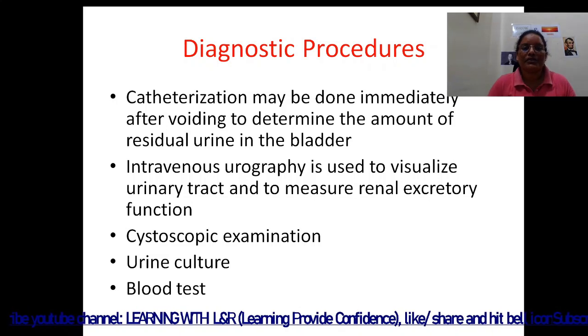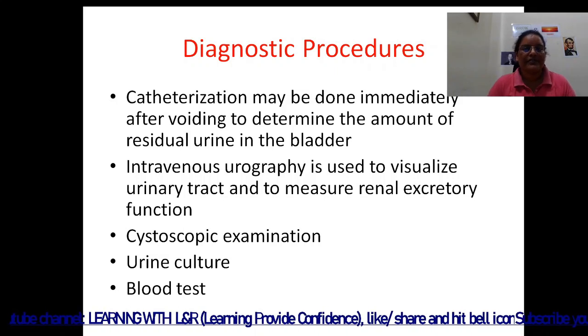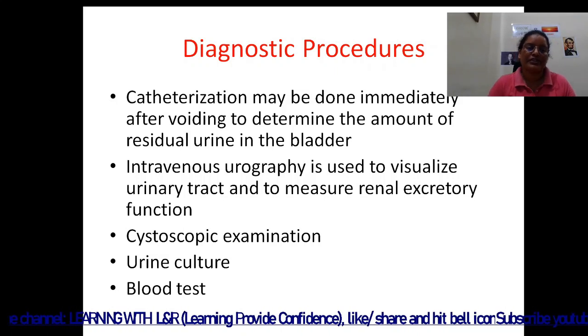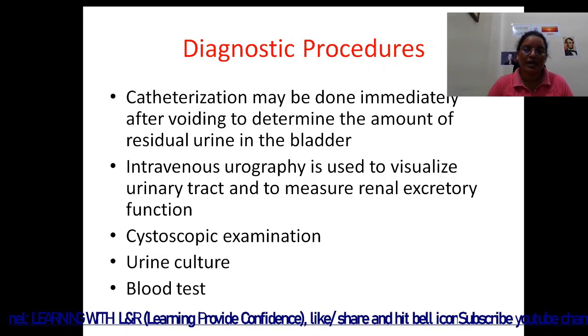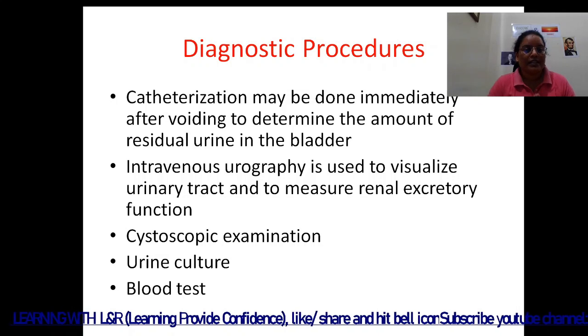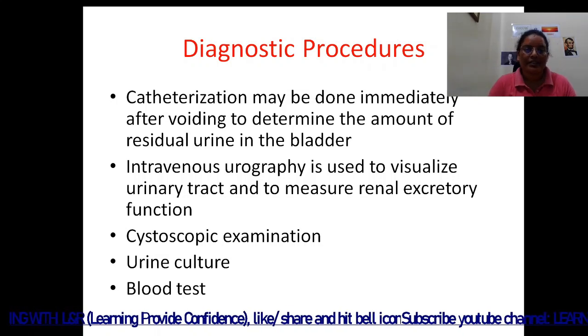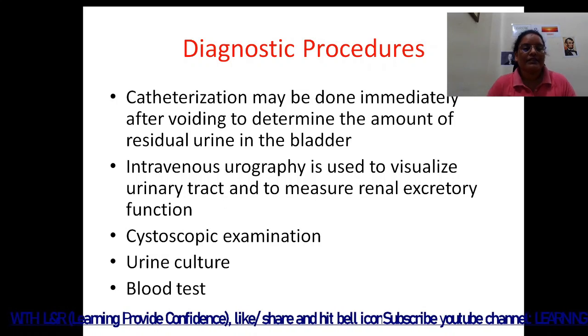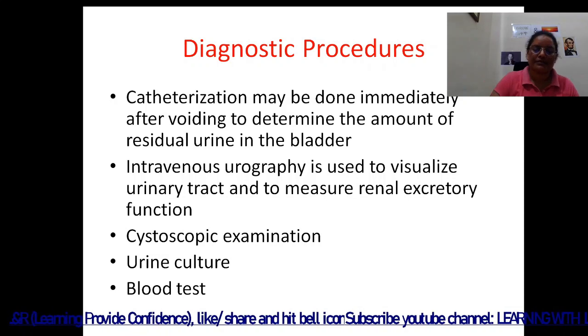Then intravenous urography is used to visualize the urinary tract and measure renal excretory function. Then cystoscopy examination to know about the bladder. Then urine culture to know about the infection. Blood test to know about the renal function, RFT, renal function test. Okay.